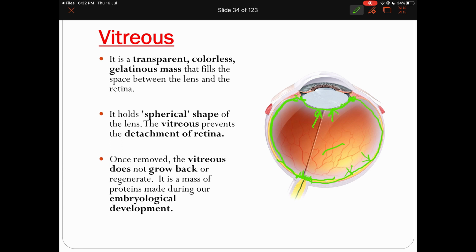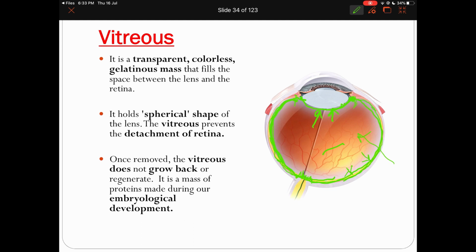However, the retina is not adherently attached to it, because there is a membrane, called the vitreous membrane, which physically separates it from the overlying eyeball structures. Once you remove the vitreous, for example after detaching all these attachment points, it will not grow back by regeneration. It is a mass of protein made during our embryologic development, that we get once for all.